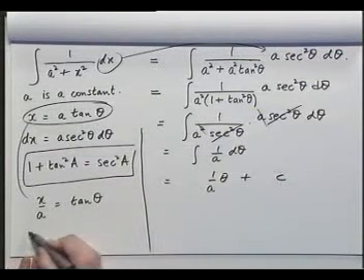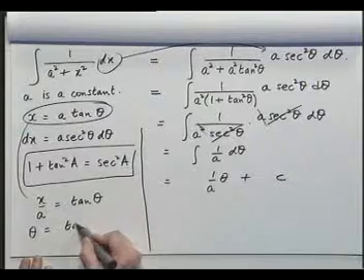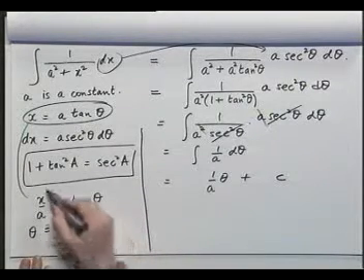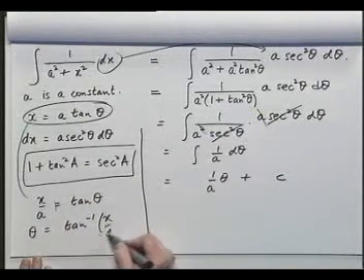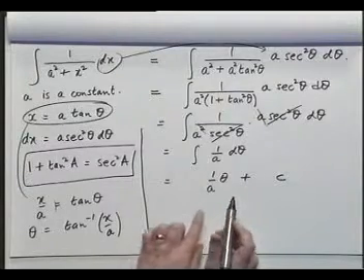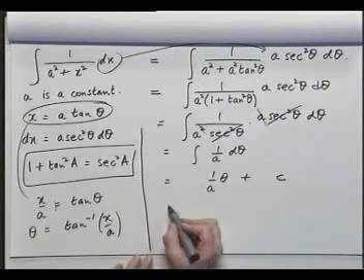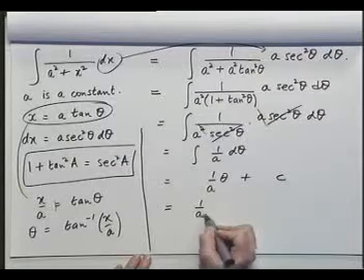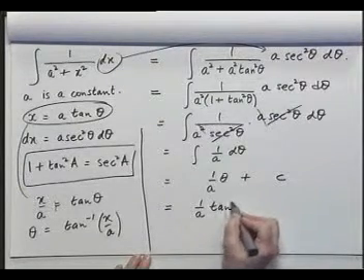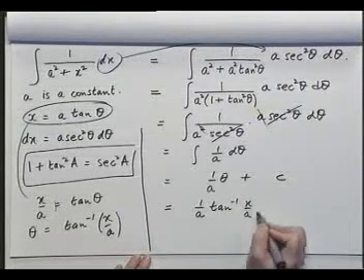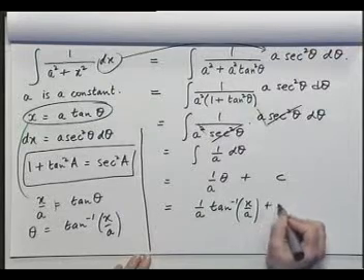In other words, theta is the angle whose tangent is x over a, tan to the minus 1 of x over a. That will enable me to write our final result as 1 over a tan to the minus 1 of x over a plus a constant of integration.